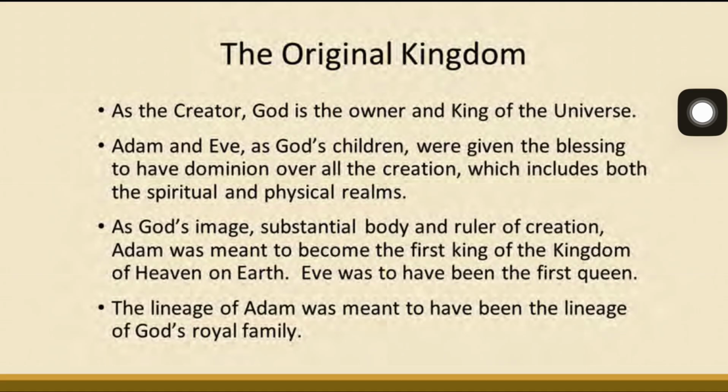You know, kingdom means there is a king, right? Kingdom means there is a land where they can have sovereignty. And this is the earth. So the earth is the kingdom of God. The first king and the first queen of that kingdom are Adam and Eve. And the King of kings is God.